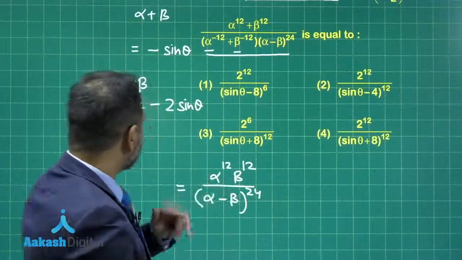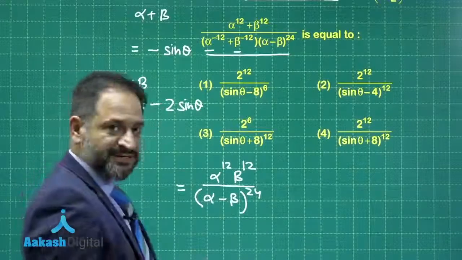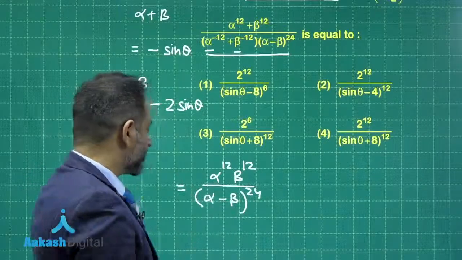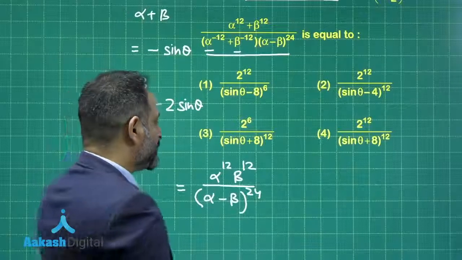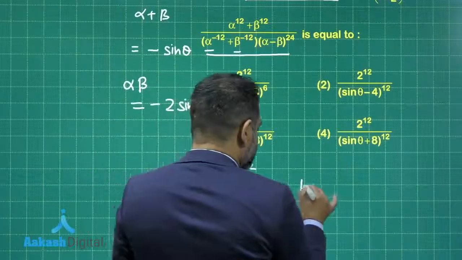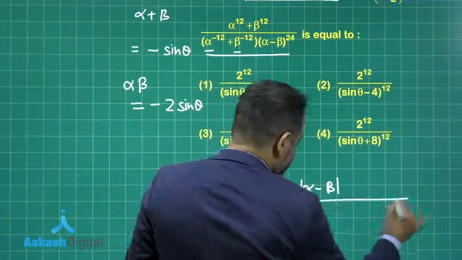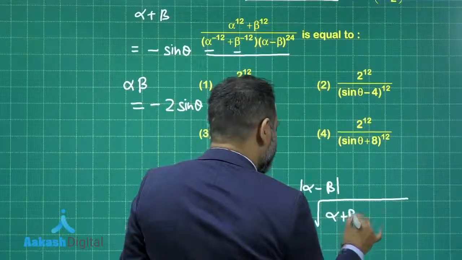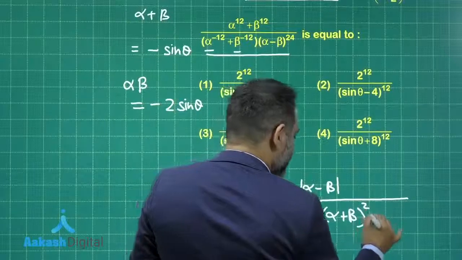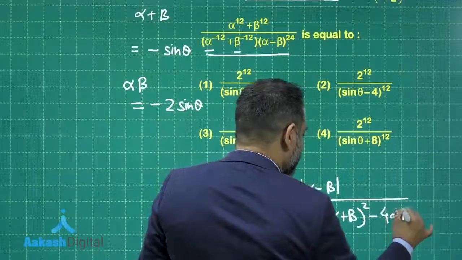Now the product of alpha and beta is here for us, but we want to calculate the difference of roots, and you know the difference of roots, that is modulus of alpha minus beta, is given as alpha plus beta whole square minus 4 alpha beta.